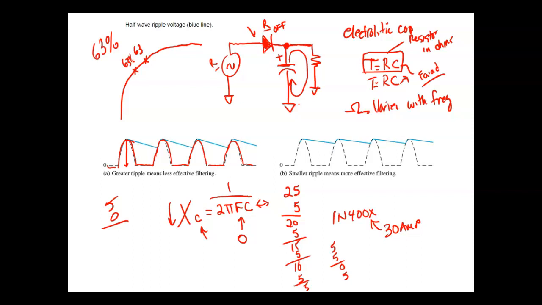So a capacitor will not pass DC once it's charged. We say a capacitor blocks DC and passes AC, which is pretty neat, and we'll find out a big use for that in transistor circuits.